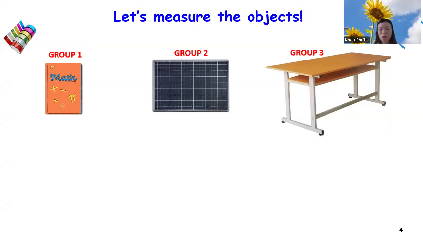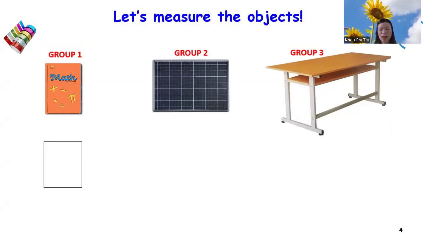Super. Let me draw a rectangle for the book here with two longer sides and two shorter sides. In group 1, please tell me what's the width of the book. 16 centimeters, right? A rectangle has two equal widths, right?